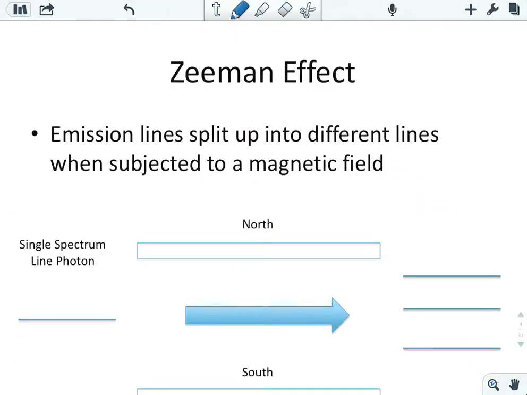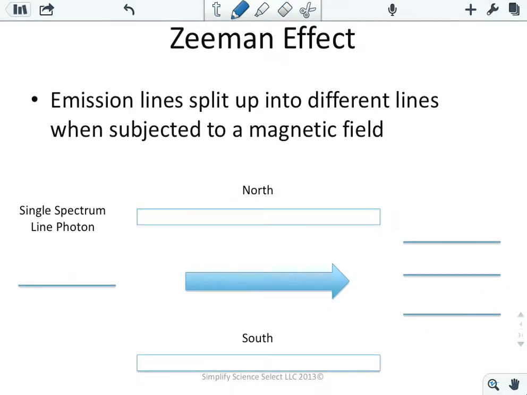But we see something happen when you take a single spectrum line from our bright line spectrum and put it through a magnetic field, so we have a north and a south, a positive and a negative. Basically that one emission line breaks up into 3 separate lines.